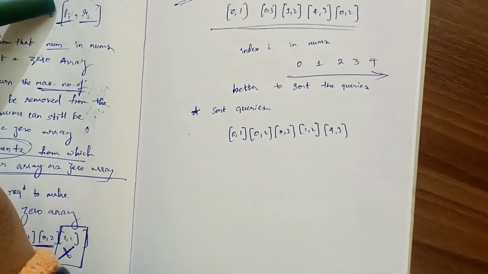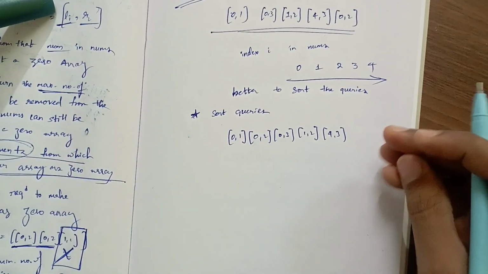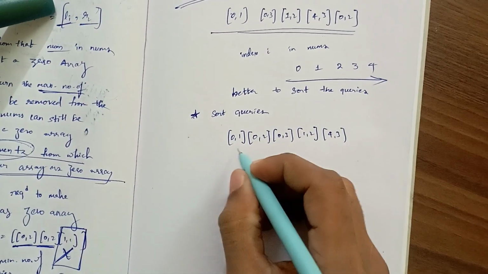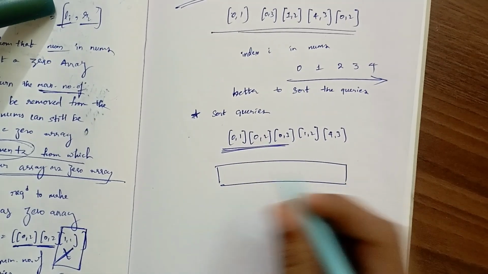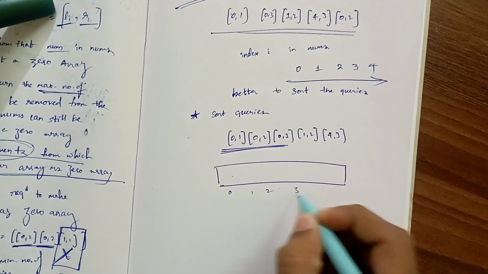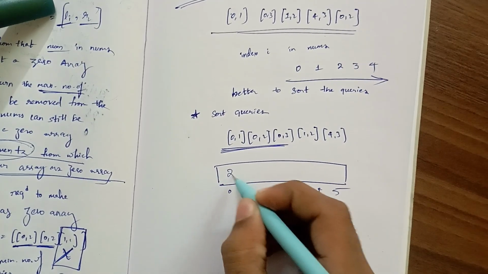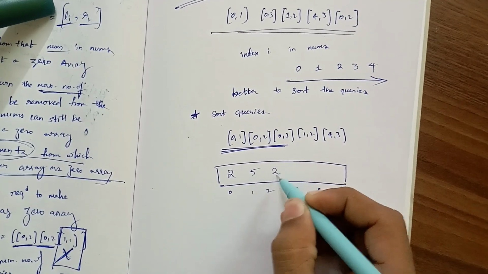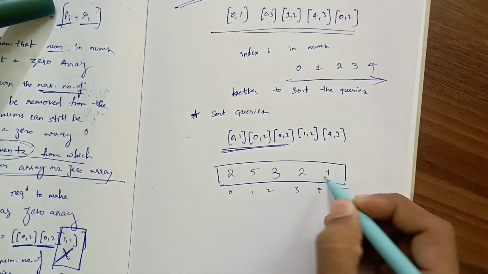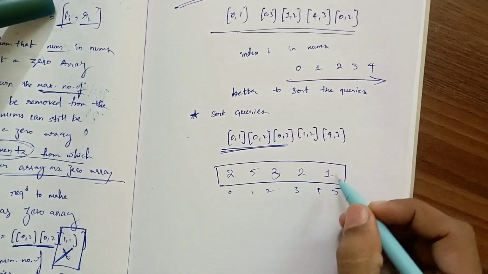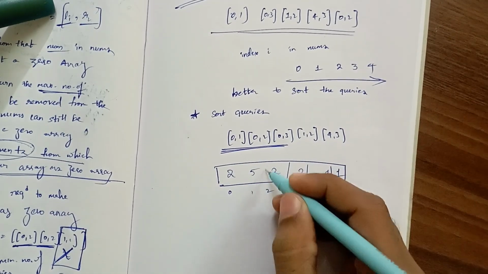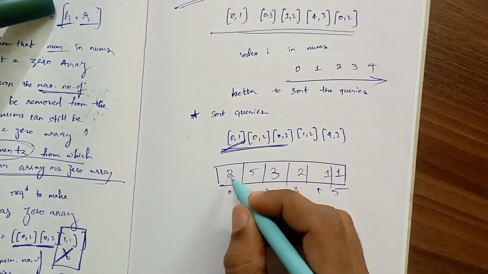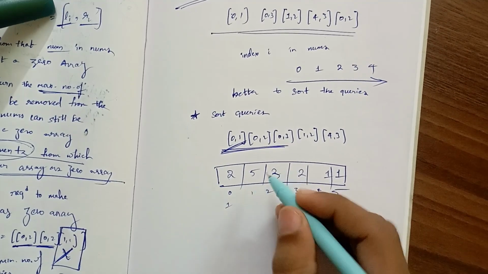Now let me check how we can take the optimal solution. So 0 1, 0 2, 0 3. Say nums, at indices 0 to 5, is 2 5 3 3 2 1. If you consider 0 1, it will only reduce it by 1.